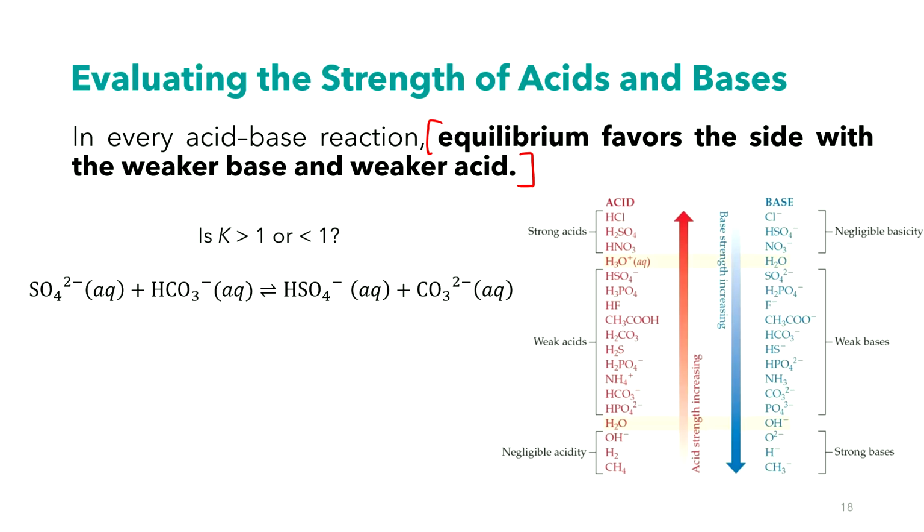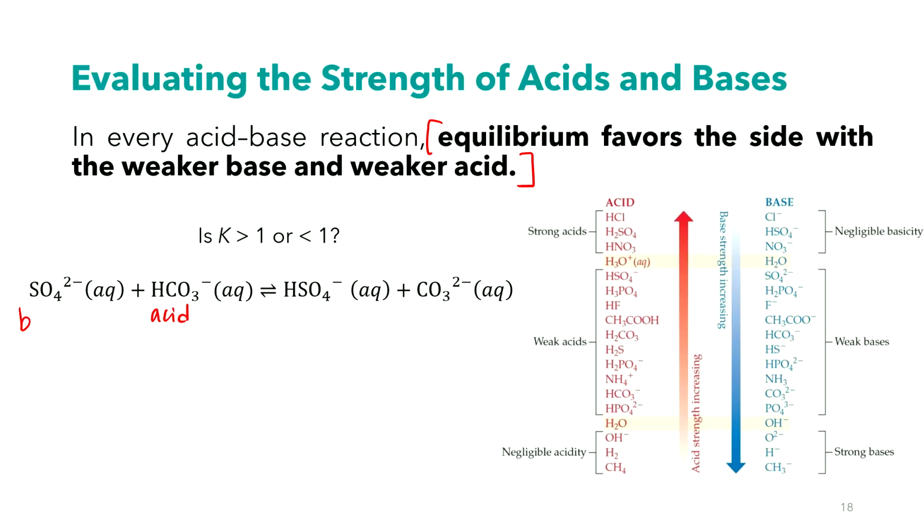So I've put in SO4 2 minus and HCO3 minus. I'm going to start by identifying how each of these behaves in the reaction. HCO3 minus is the only thing that has a proton. So that had to be an acid. It's going to give that proton away.